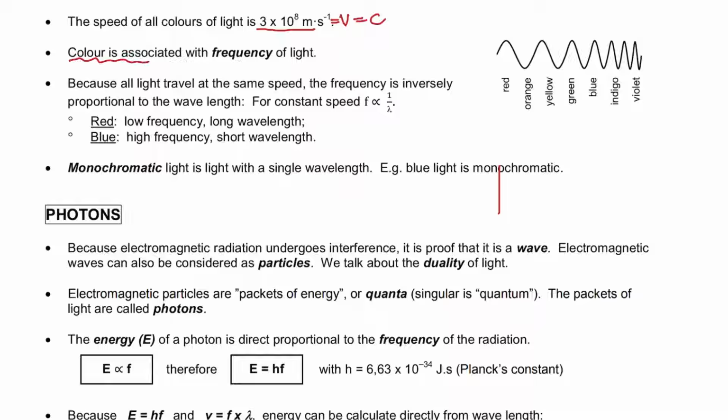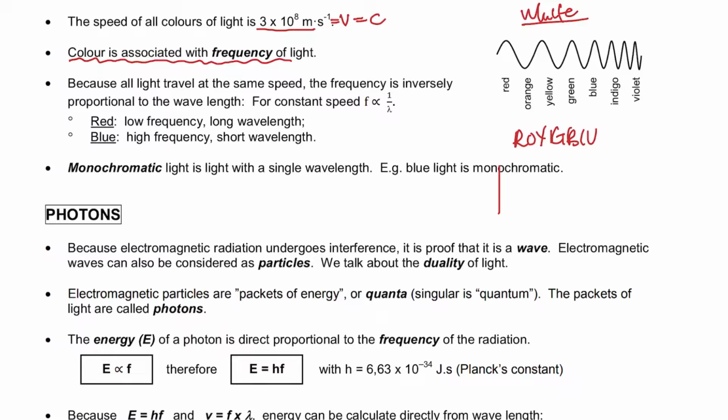Now, color is associated with frequency. If we look at white light, the white light has 7 colors. We call it ROYGBIV, right? These colors have different frequencies.